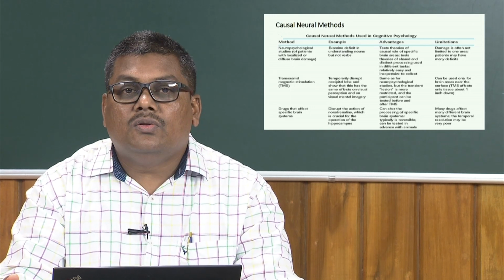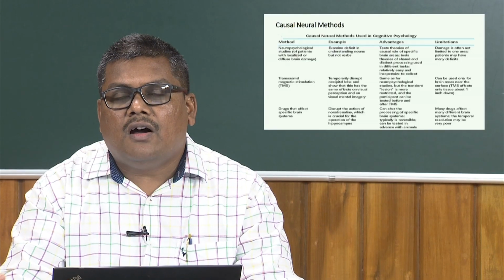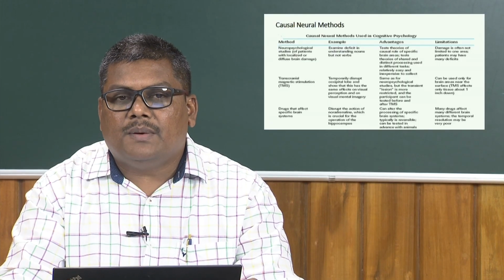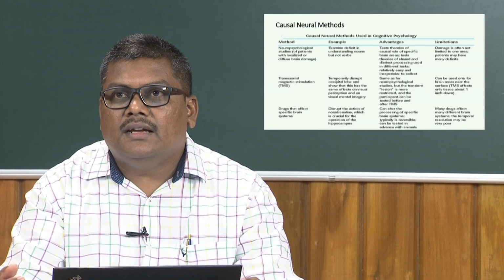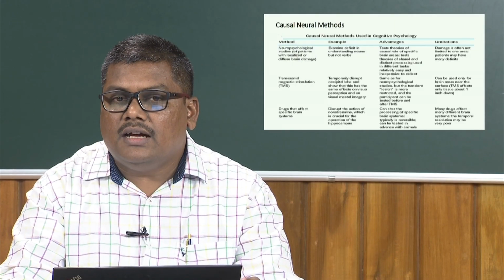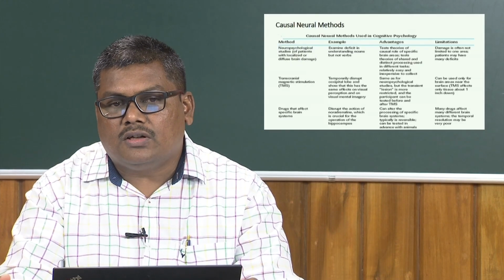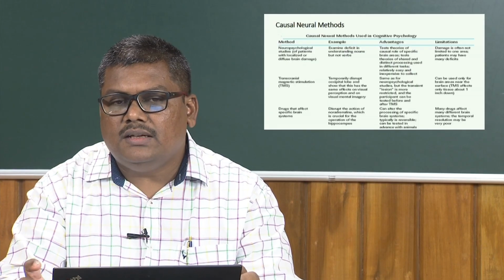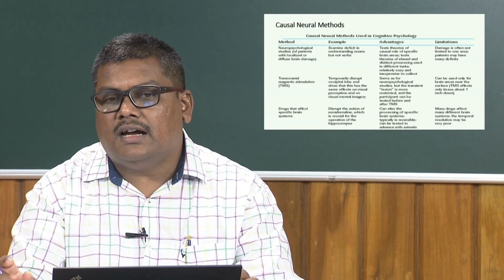So, studies of how visual imagery is different from perception can be done by using TMS or rTMS and blocking the occipital lobe. Now, there is a difference between single pulse TMS and rTMS.